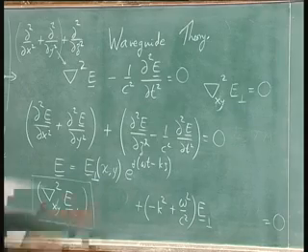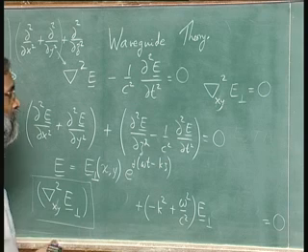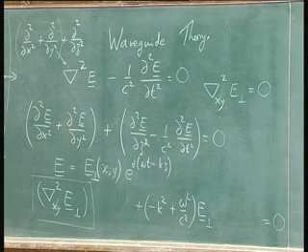Now, the question is, how do I solve this problem? I have gone from one problem to another, but the second problem does not look any easier than the original problem.